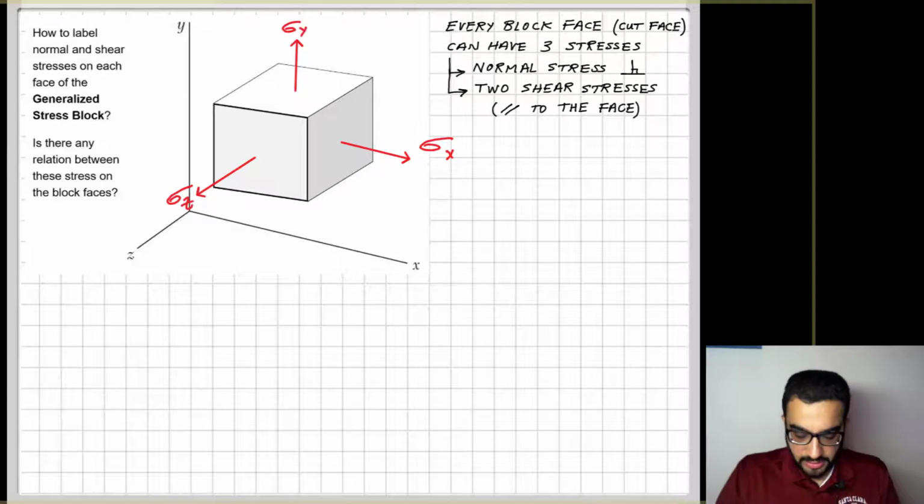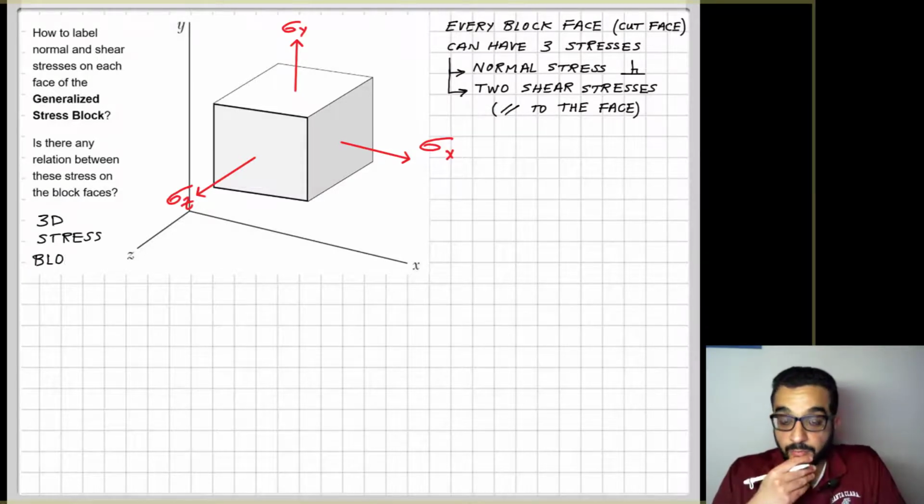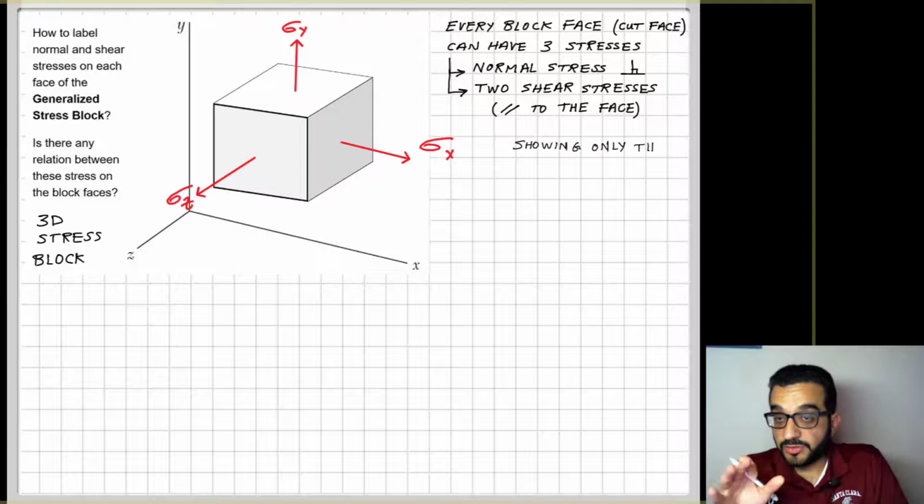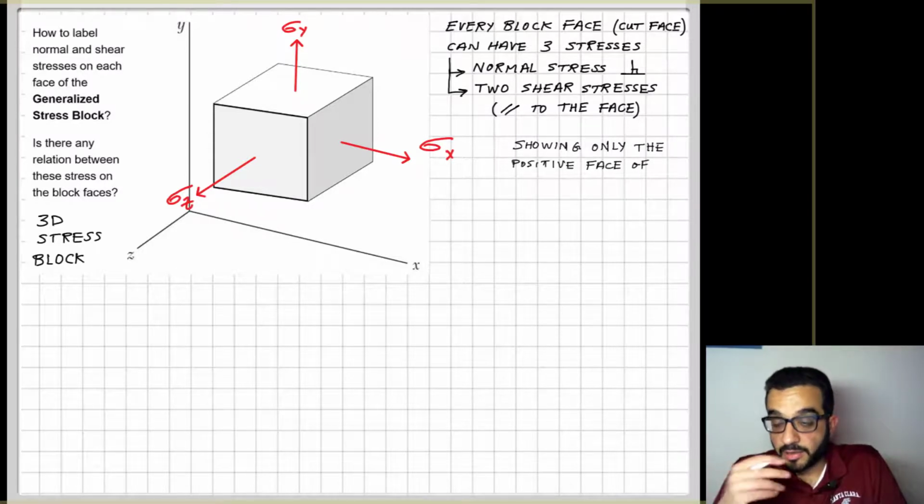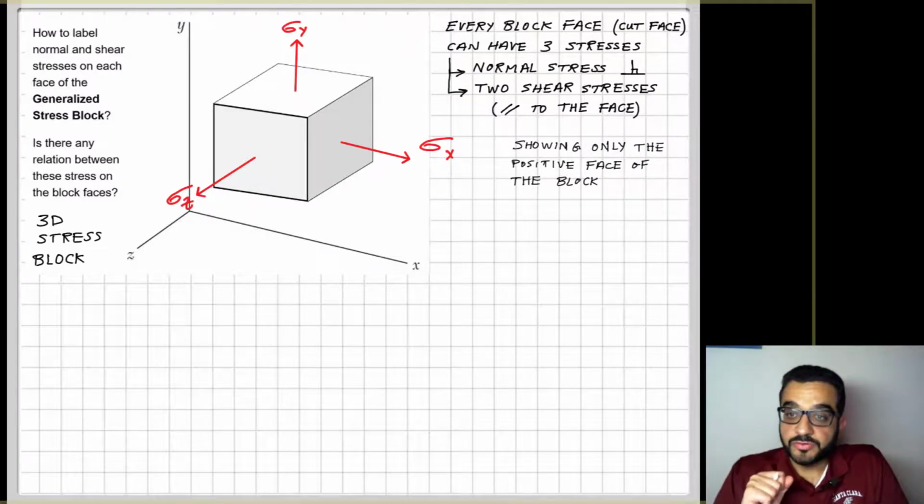So if I think first about the normal stresses, I will see that for every face visible to me, and here visible means I only see three, but there are three more in the back. So I can draw on what I see, but there are stresses that I didn't draw yet because I can't see them. But we'll see other ways to show them.